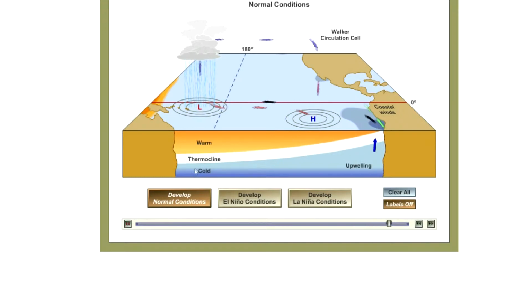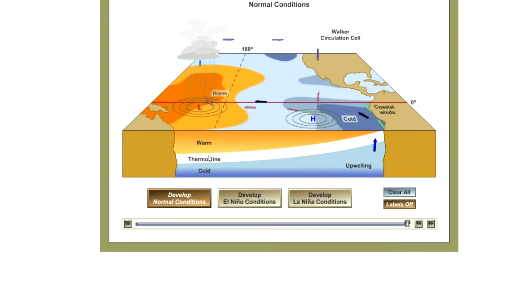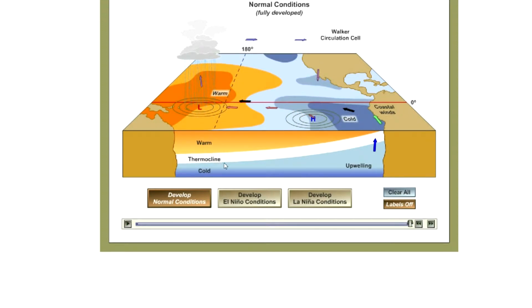That pushes the water away from South America, and the ocean surface currents push it westward, taking the warm water to Australia and New Guinea. Because of the warm water going in one direction, the cold water from the bottom starts to go upwards, where South America and North America are.